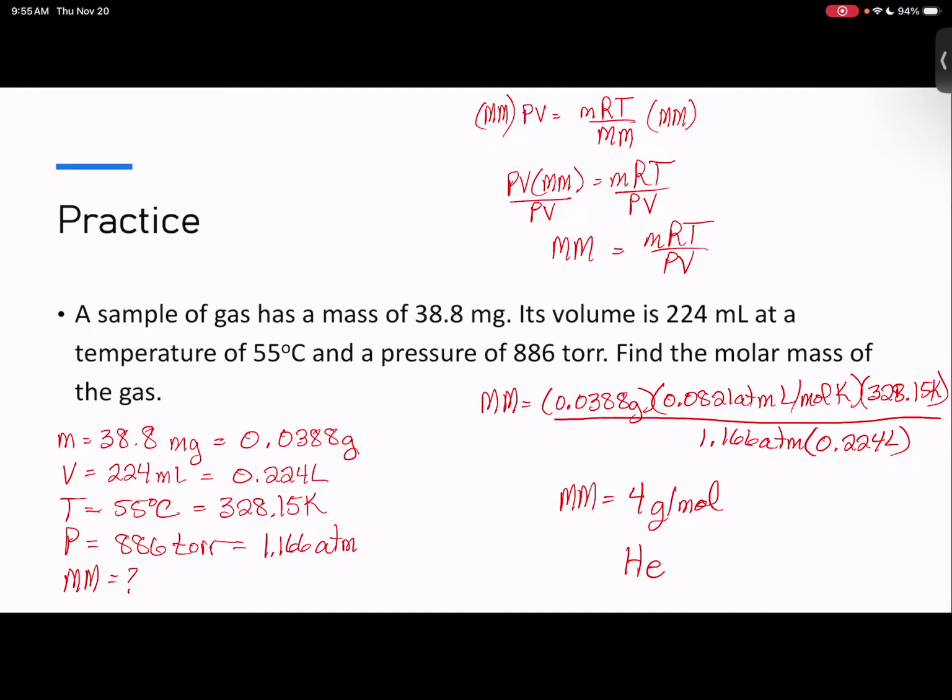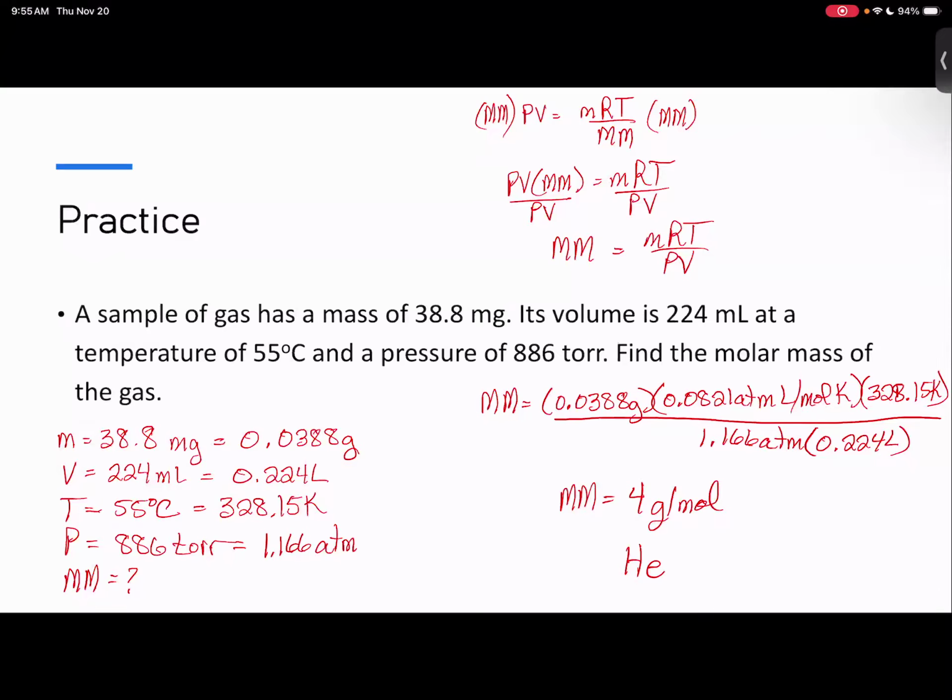Questions? Yes. The atmosphere to torr: 1 atmosphere is equal to 760 torr. Other questions?